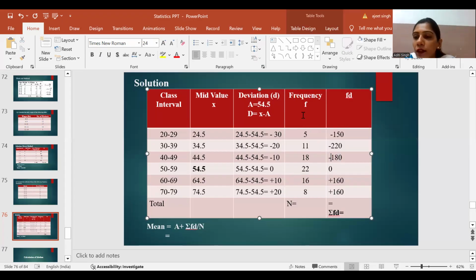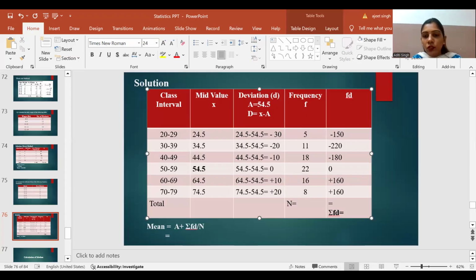Okay, but the sign will remain the same. Suppose we have to calculate these two values, minus 150 and minus 120. We will add these values, but the sign will remain minus.